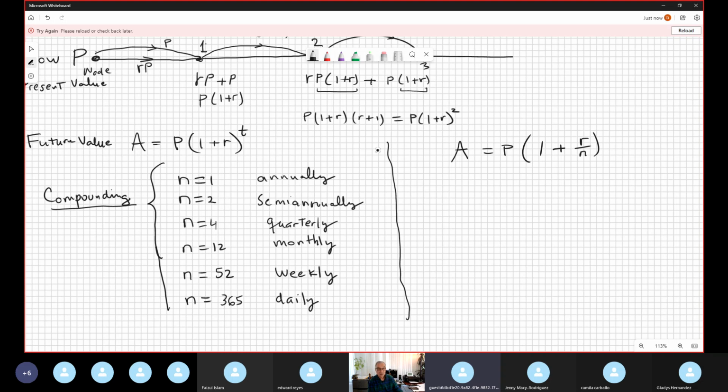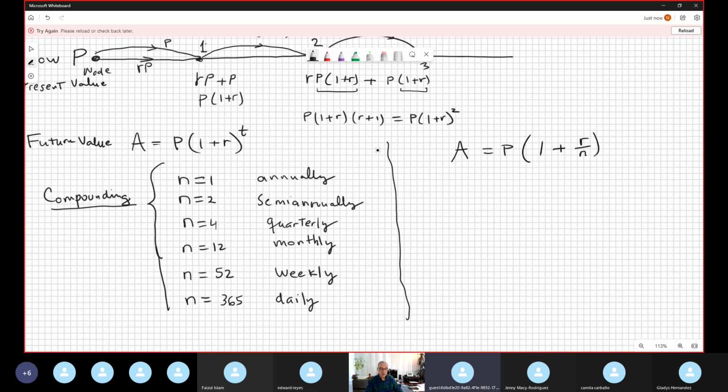For example, if it is semi-annually, it's 2 periods in 1 year, and you earn half of the interest in the first period and another half in the second, and together they represent R.